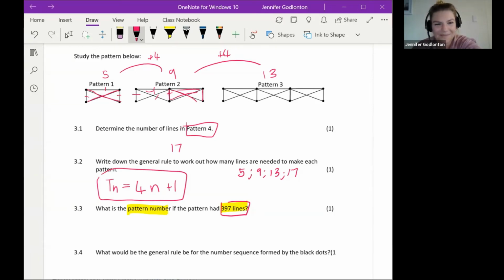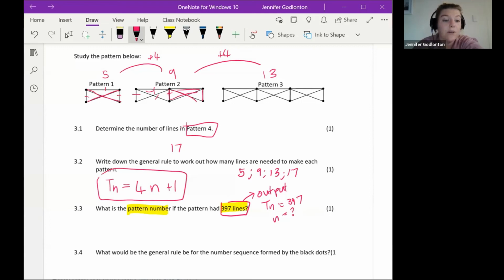Maybe it's Tn. It's Tn. Okay, it's our answer. It's our output. And if it's our output, then it's going to be our Tn. So we know that our Tn is 397 and we don't know what our n is. And so now we have to work backwards.